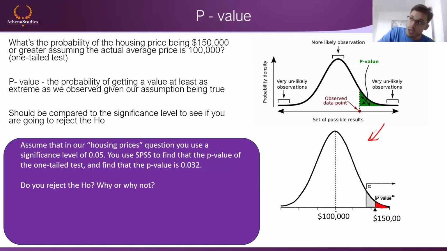And then my mom says, I only need you to be 95% sure because I'm not going to be too strict about it, because you are still my son. 95% sure is good enough. And then your mom says, okay, because you got this data, from now on we change our assumption and we say that the average price is not 100,000. So that's the process start to finish again.